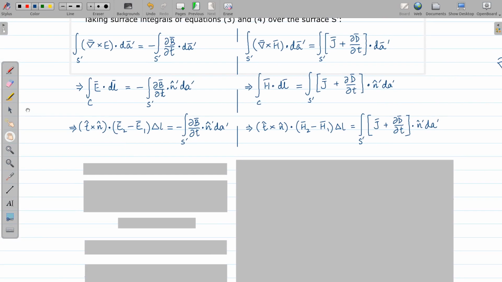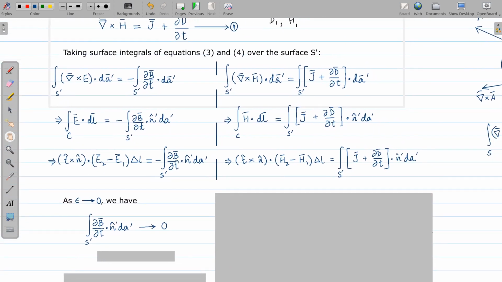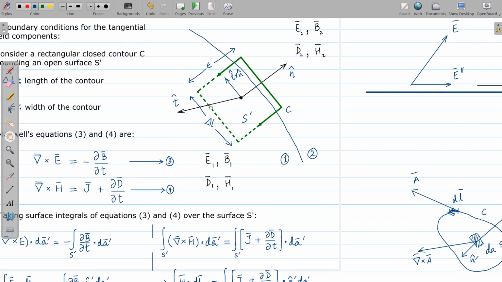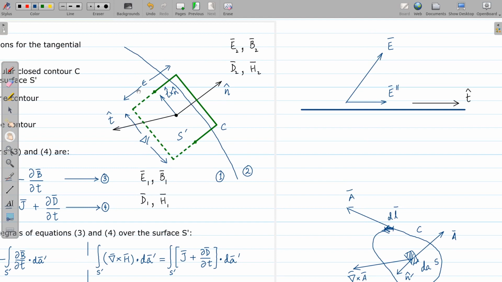Now another implication of epsilon tending towards 0 is that this quantity is also going to tend to 0. Why is that so? Because you can see this is a surface integral. As epsilon tends to 0, this surface area is going to vanish.